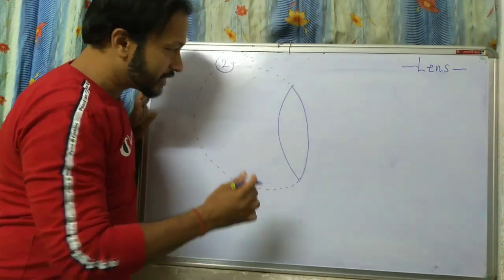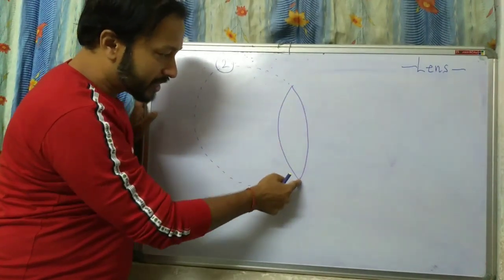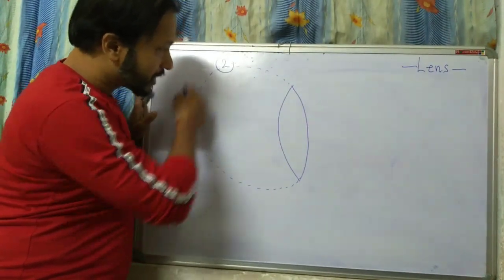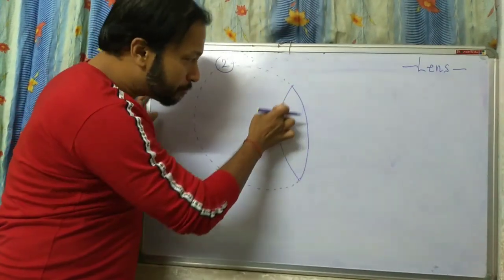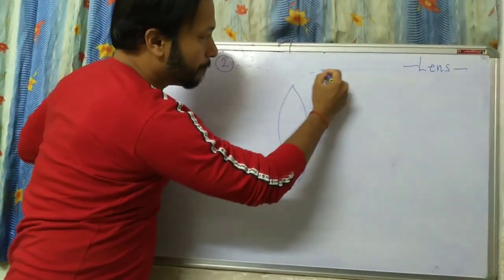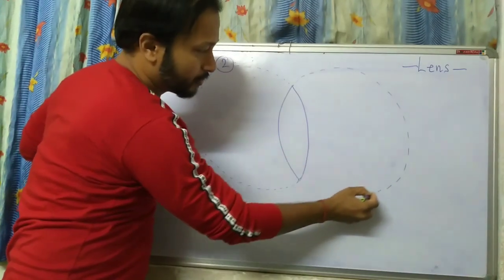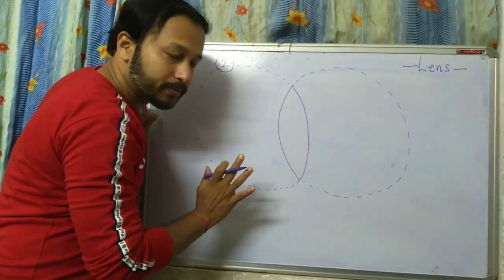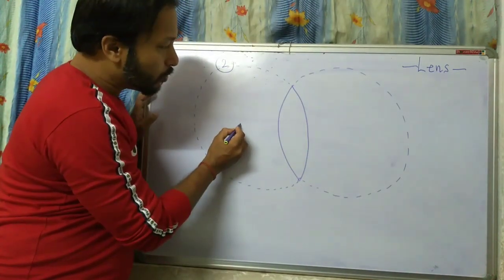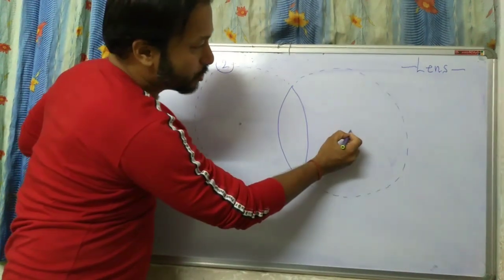I can consider that this part of this lens is the part of a circle, and this part is also the part of another circle. So you just have to imagine two circles. Now, the centers of those circles, these two are centers.